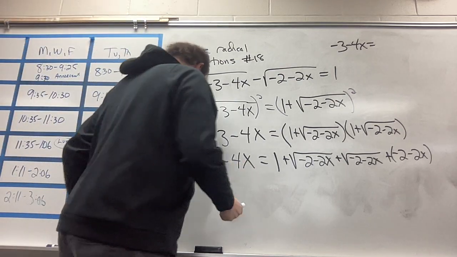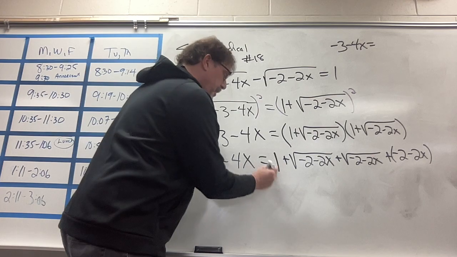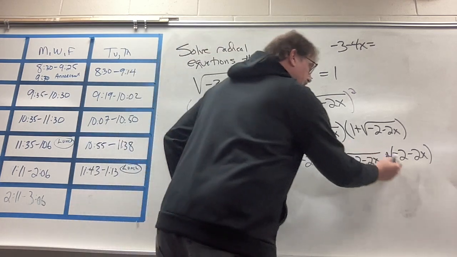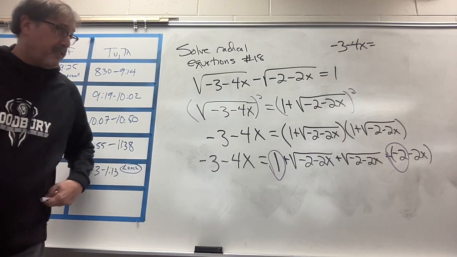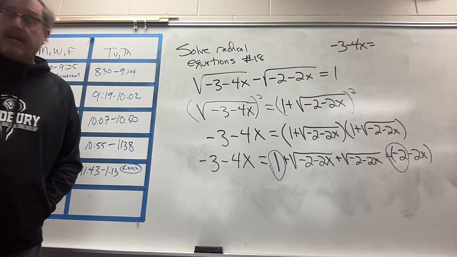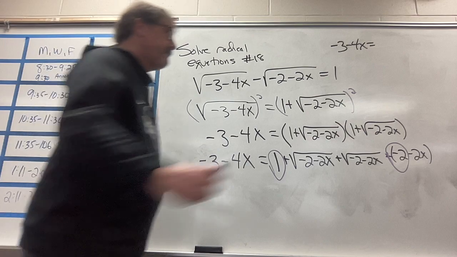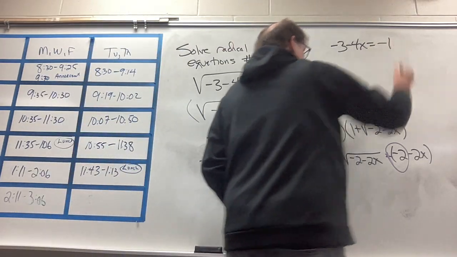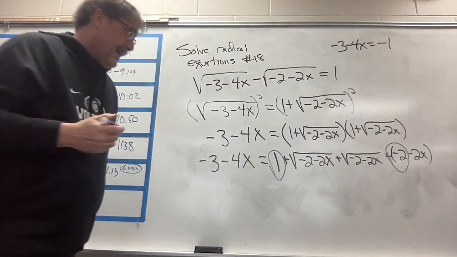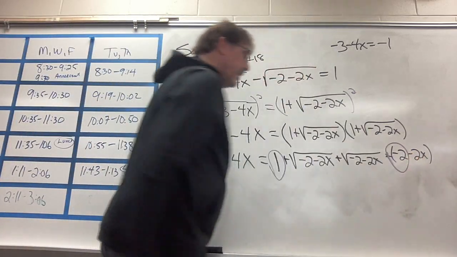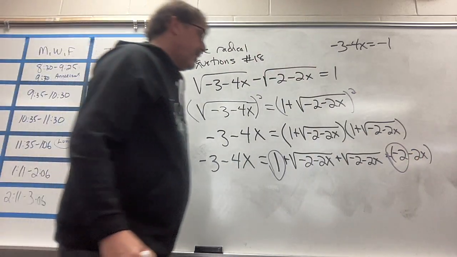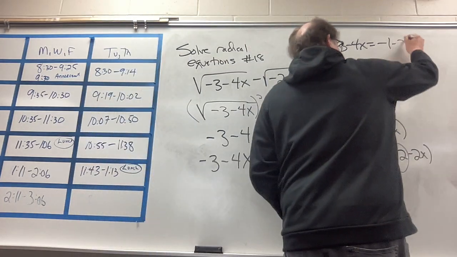I'm going to combine this one, combine 1 plus negative 2, and that's going to be negative 1, okay? All right. This negative 2x right here has nobody to combine with, so I'm going to write that right now.